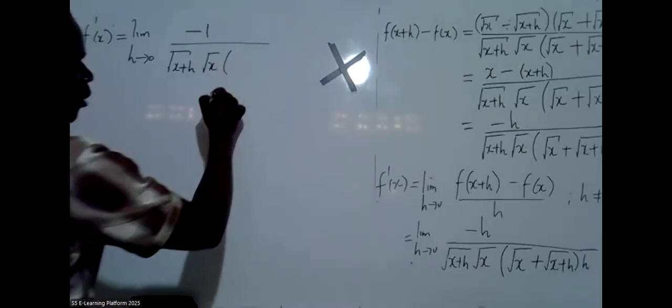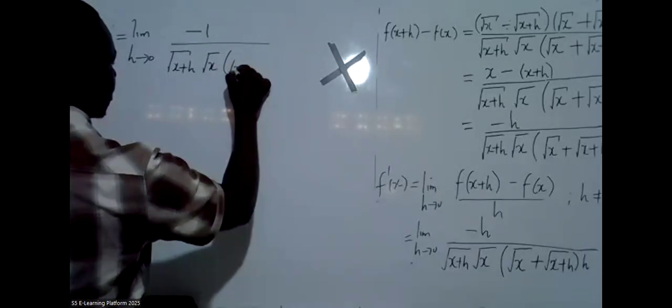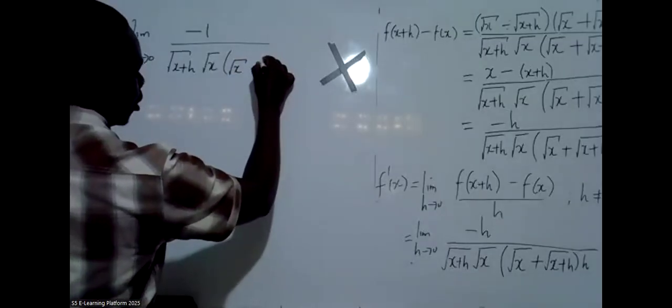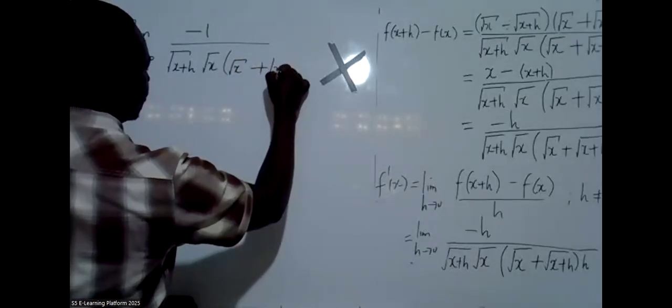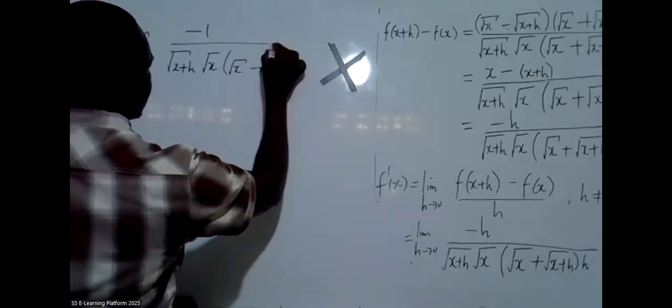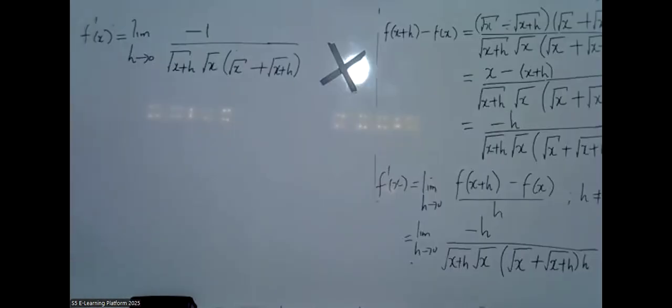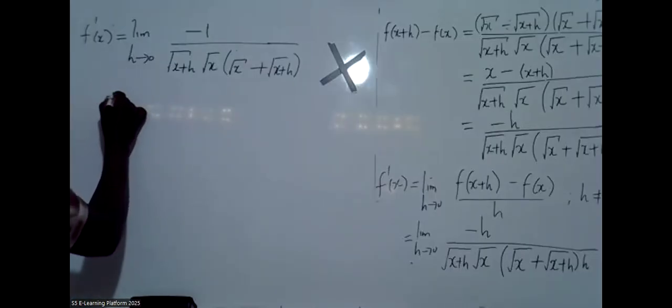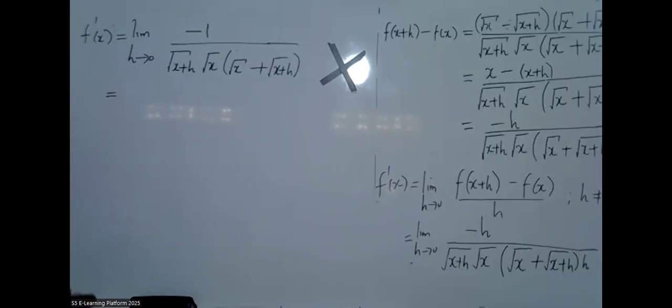Then in brackets you have root x plus root of x plus h in brackets here. Like that. To compute this limit, we simply said put where there is h, put 0.